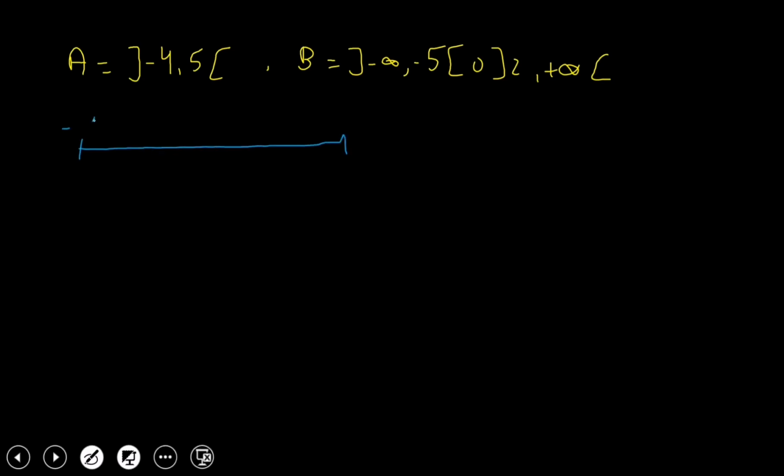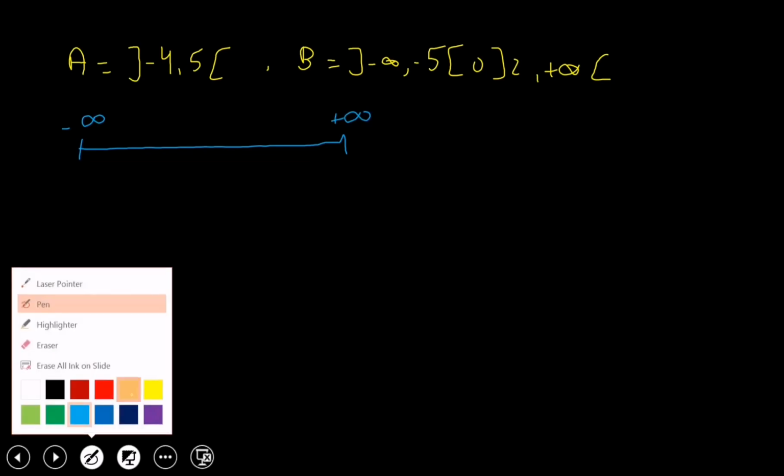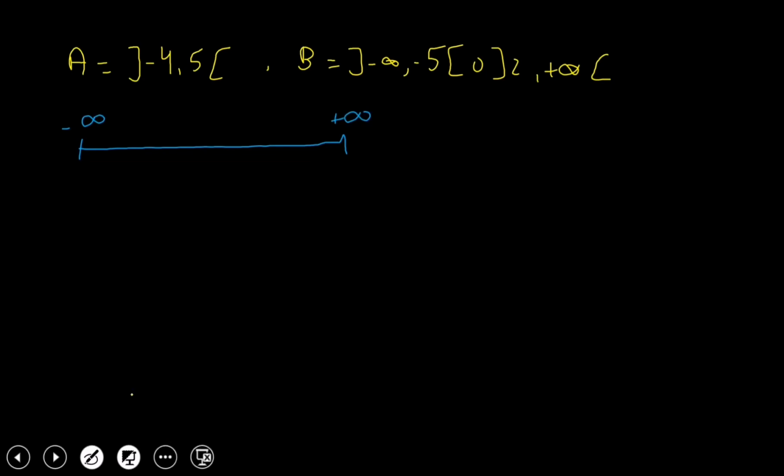Suppose this is a number line from minus infinity to plus infinity. I represent A using the orange color, for example. If this is -4 and this is 5, then A is between -4 and 5. All of this is the set A.